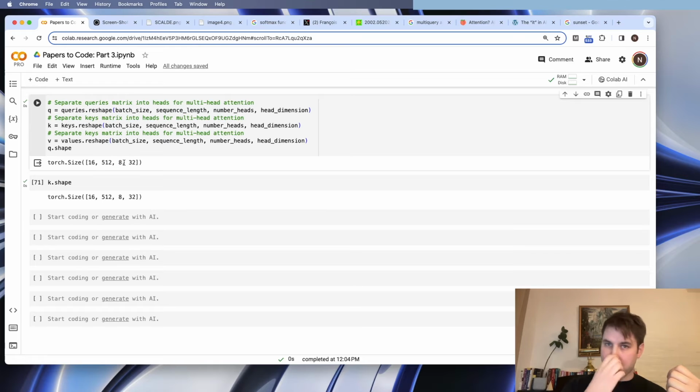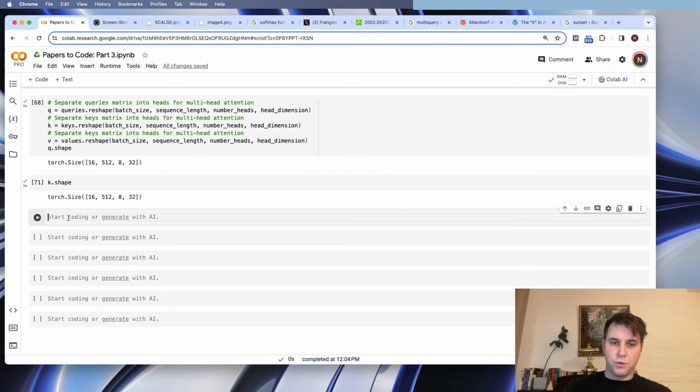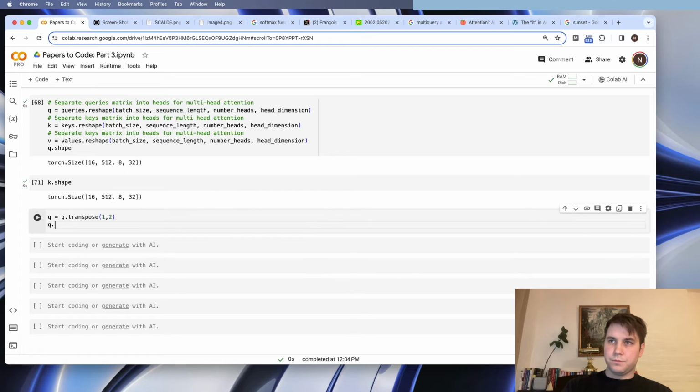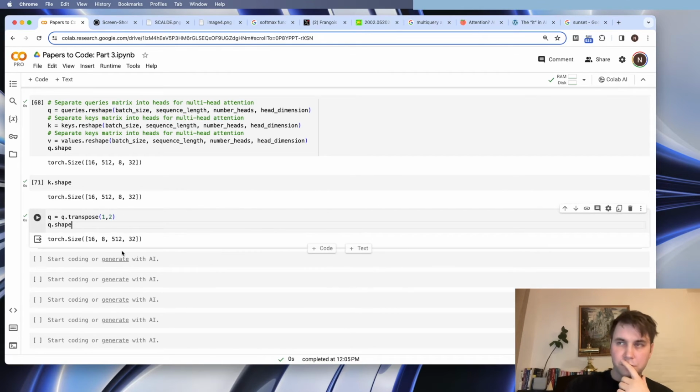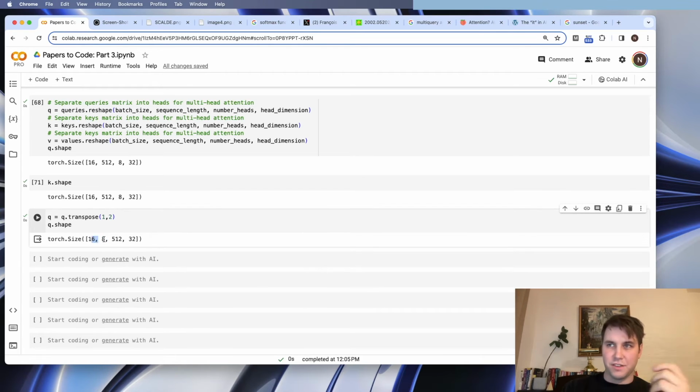So what we have to do is actually change the dimension here. And so we're going to transpose, for example, Q. Now what we've done is created 16 batches of 8 heads. So we have 16 batches of 8 groups of 512 by 32 matrices.